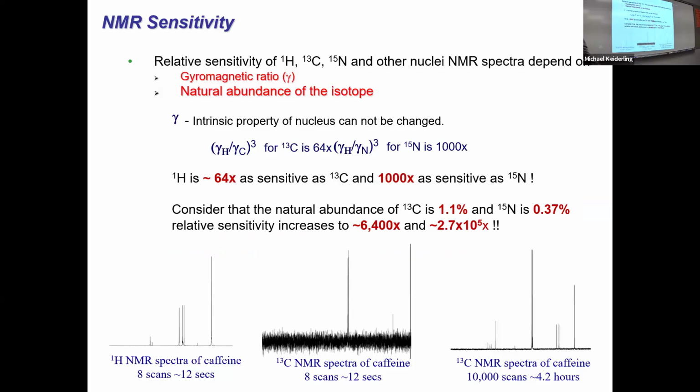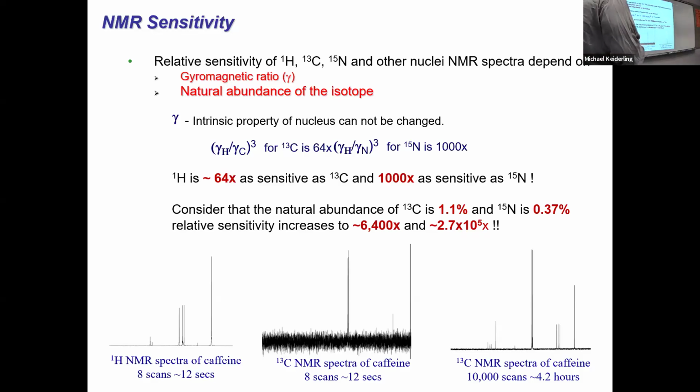And the relative sensitivity of proton, of hydrogen, carbon 13, nitrogen 15, and other nuclei depends on the gyromagnetic ratio and the natural abundance of the isotope. The gyromagnetic ratio can't be changed. The sensitivity is proportional to the gyromagnetic ratio cubed. So protons are 64 times as sensitive as carbon 13 and 1,000 times as sensitive as nitrogen 15.